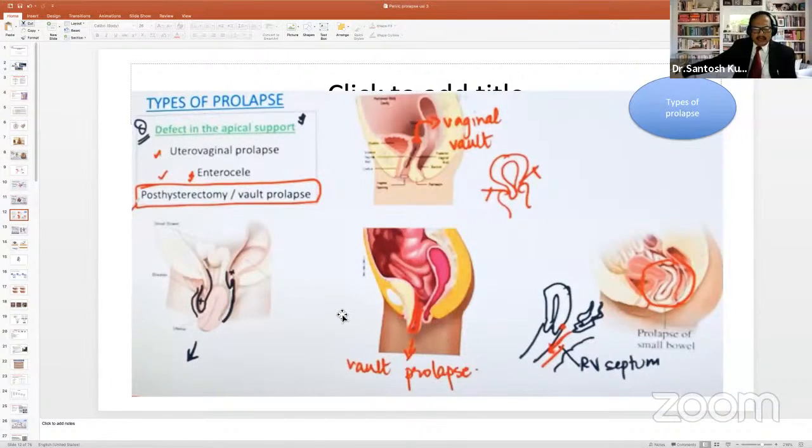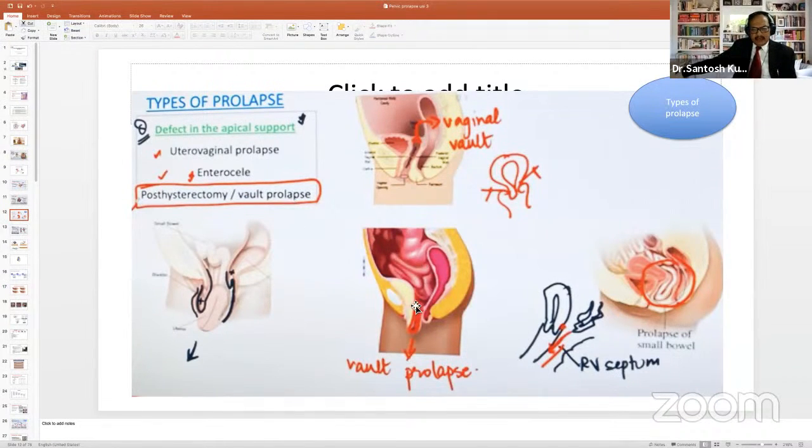So now I am going to discuss the types of prolapse. In uterovaginal prolapse, when there is an apical defect, the patient will develop uterovaginal prolapse and enterocele, and post-hysterectomy vault prolapse.